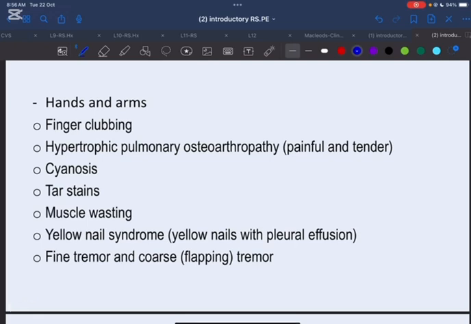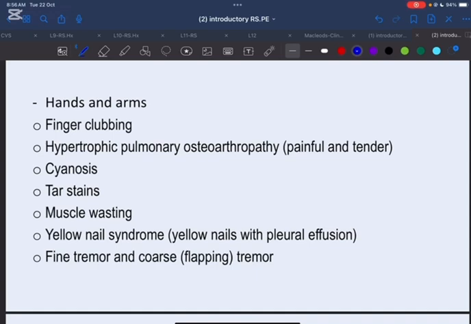So the hands, what matters in the hands? First, finger clubbing. What is finger clubbing? Loss of the angle between the nail bed and the nail. This is the first stage. Then the second stage is fluctuation.